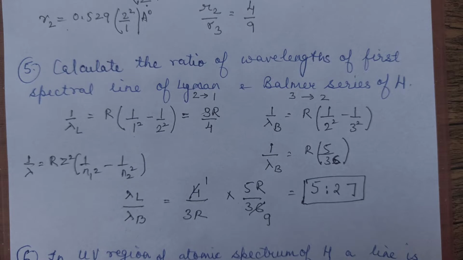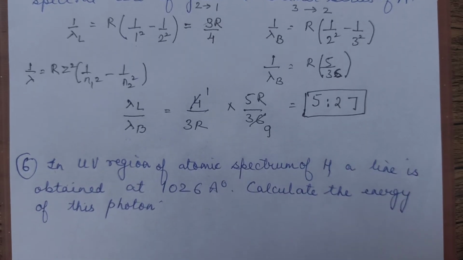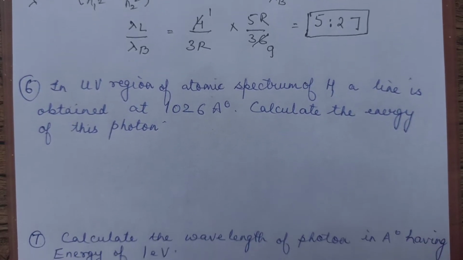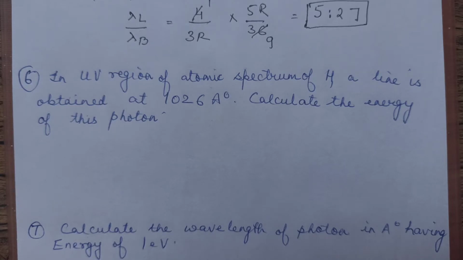Okay. Now I am discussing the next question, children. The question is: in the ultraviolet region of the atomic spectrum of hydrogen, a line is obtained at this wavelength. Though we have calculated the wavelength, you may also have noticed which line we are talking about.